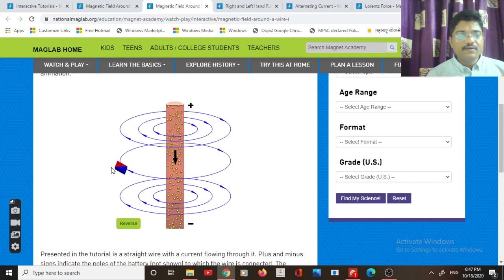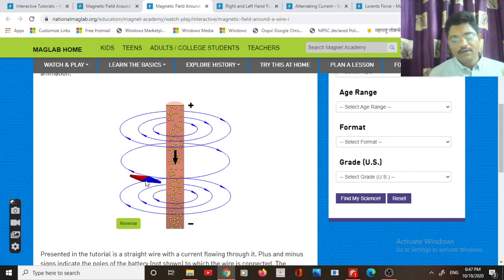So across this line, the magnetic field is there, and across the magnetic field lines, the direction of the magnetic field is denoted by the north part of the compass. If I reverse the direction of the current, what actually happens? Look here, the direction of the magnetic field also gets reversed. And as per the right hand rule, we can judge this.